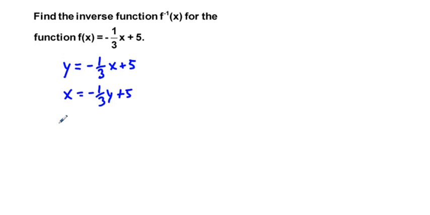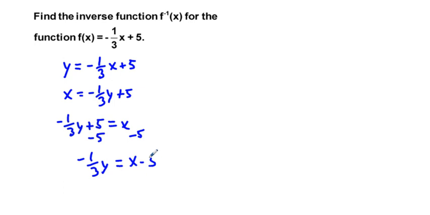And I'm going to put negative 1/3 y plus 5 on the left, equal to x. First step, subtract 5. So we get negative 1/3 y equals x minus 5. And to solve for y, we multiply this whole equation by negative 3.